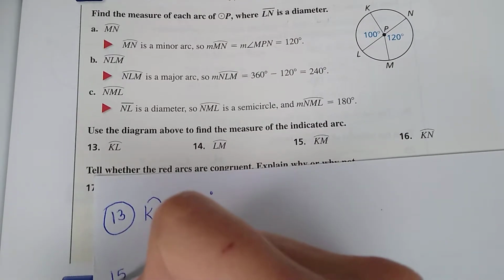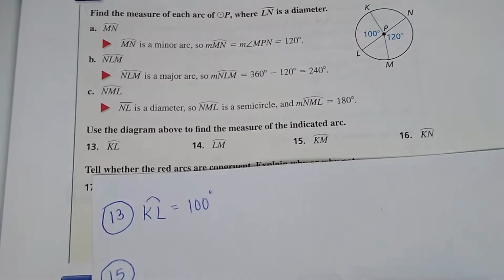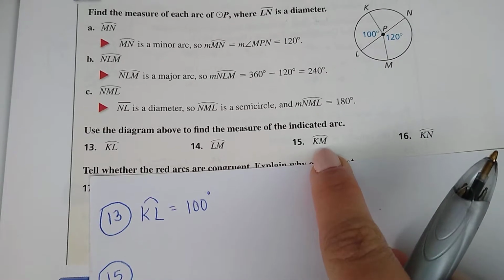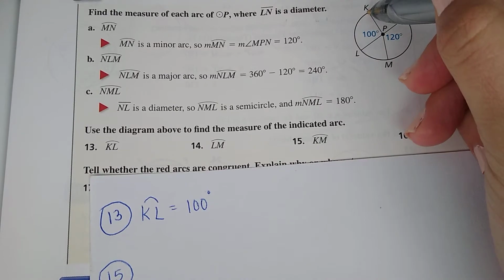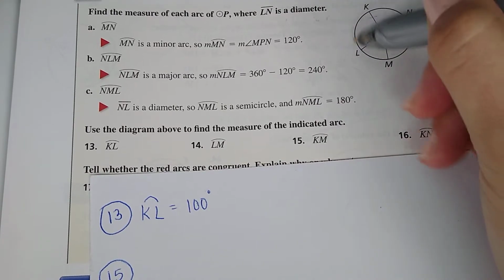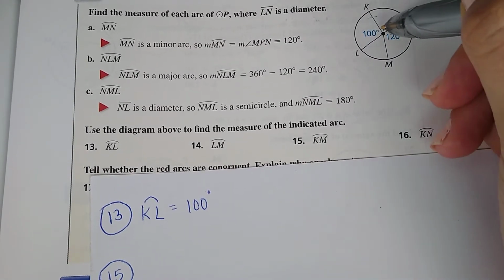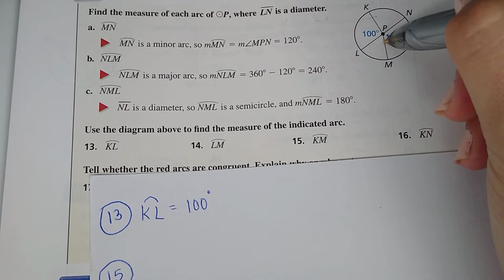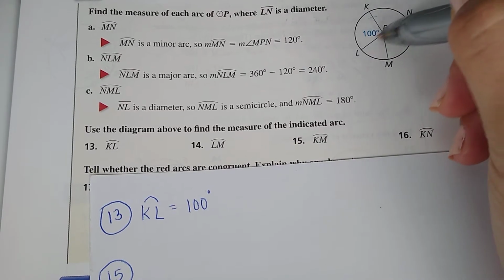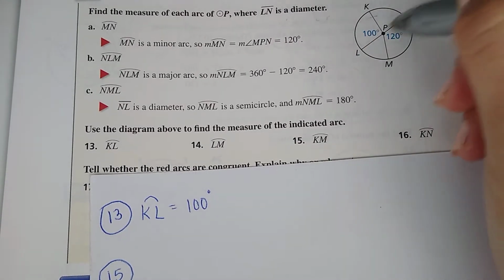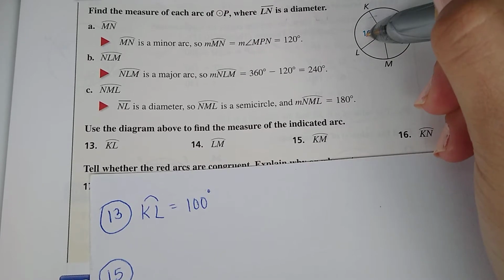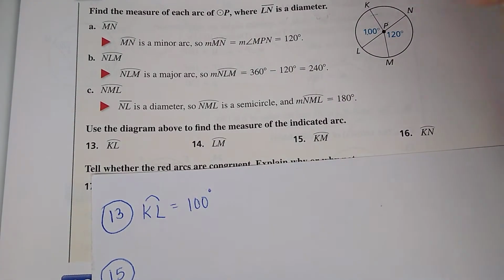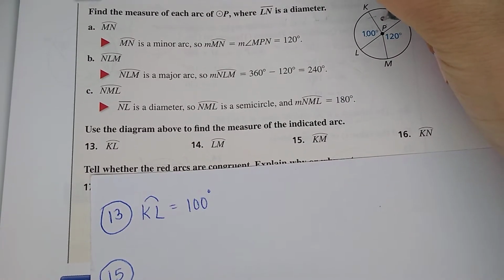Okay. Now we move on to 15. Again, we're only doing the odd numbers here. KM, again, it's two letters, therefore it's a minor arc. So KM would be this. I know this part, I need to find what this part here is. I know that this is a diameter, so this plus this should be equal to 180. Therefore, this here is going to be 80.